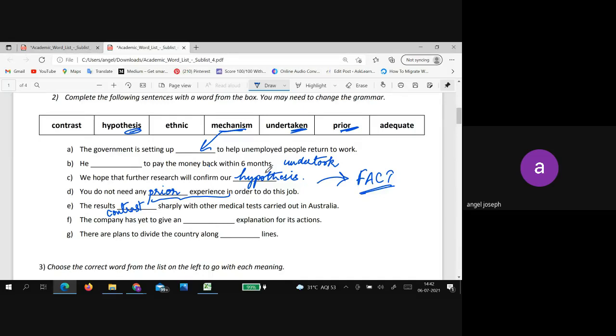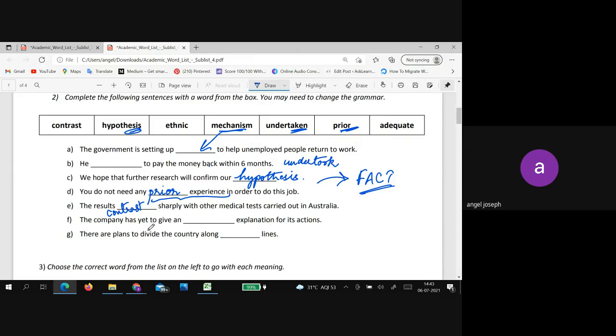In this case, the results contrast sharply with other medical tests carried out in Australia. So let's say we are conducting a particular test and it does or does not match. How do we call it? Contrast sharply. The results contrast sharply with other medical tests carried out. There is a huge difference.